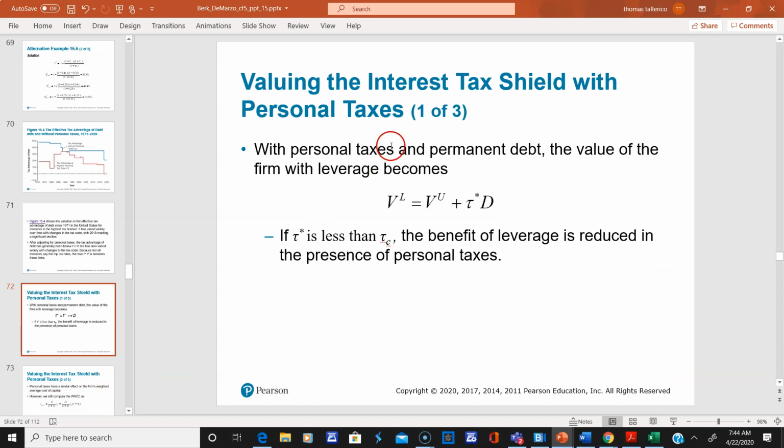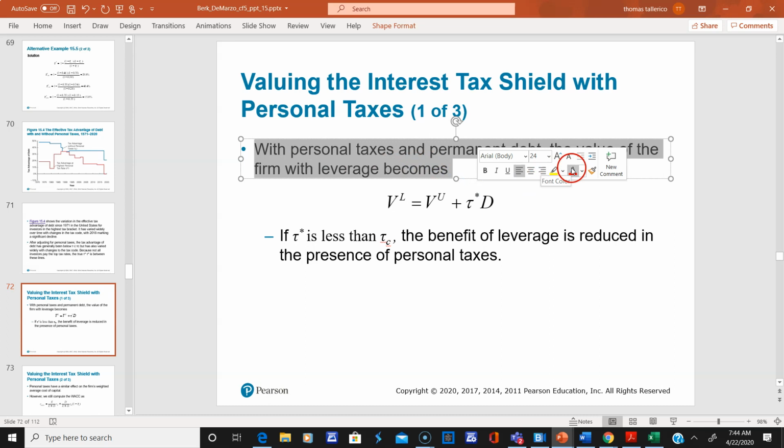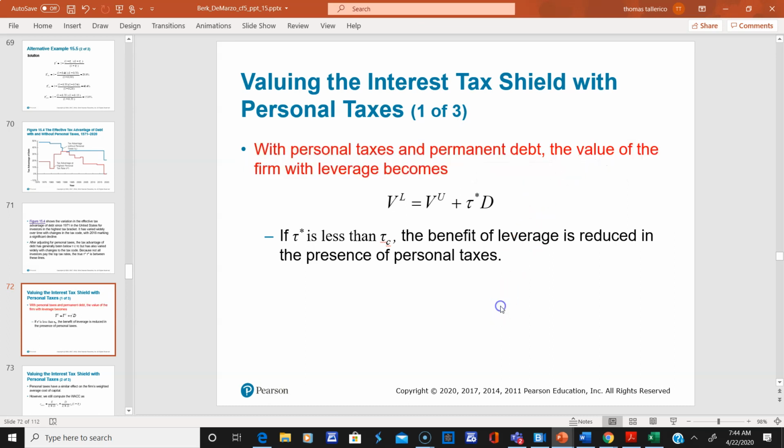All right, so with personal taxes and permanent debt, here we have the value of the firm with leverage. And we've seen this in different forms already. So here's the unlevered value, here's the levered value, and here's the tax shield with debt.